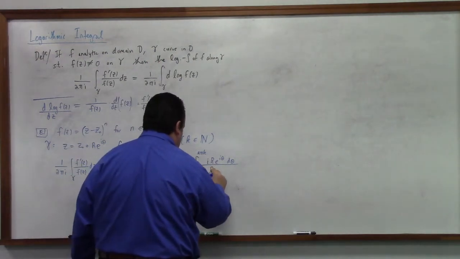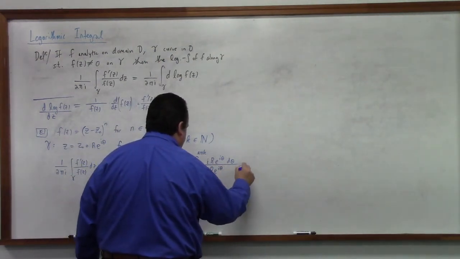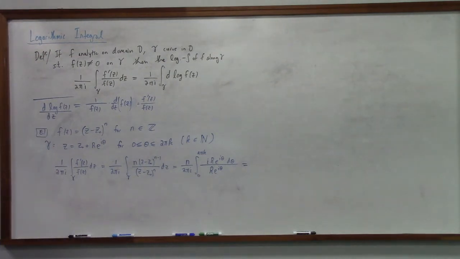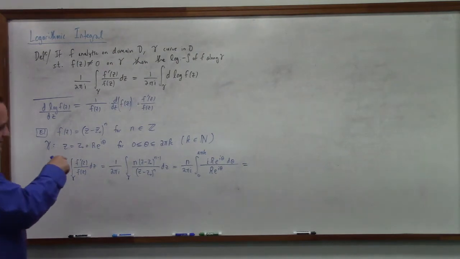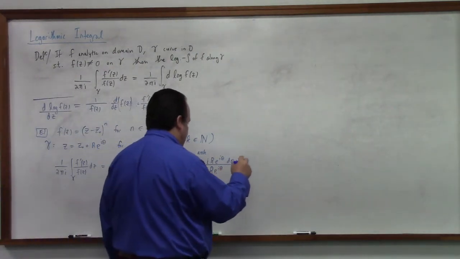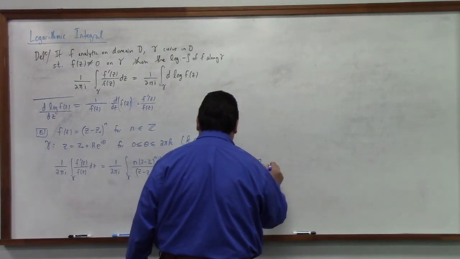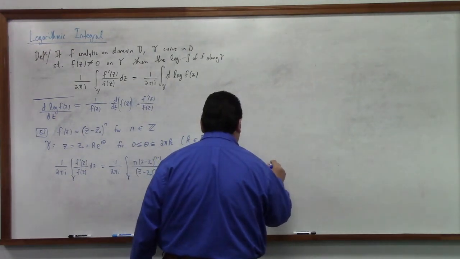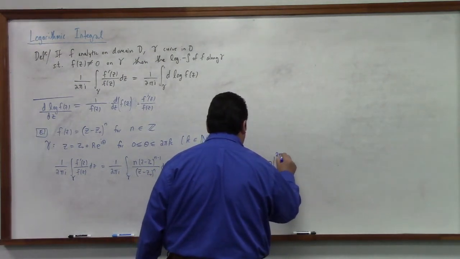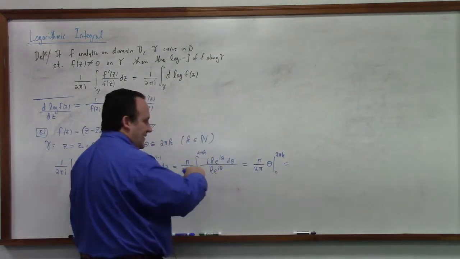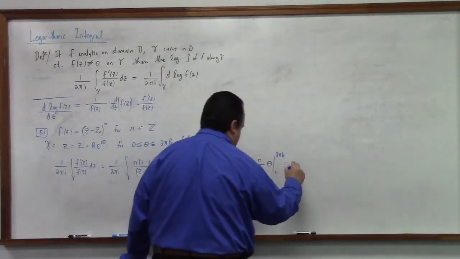So what happens? It just leaves us with i d theta, but the i's cancel, right? So we get n over 2 pi times the integral of d theta, which just gives me the balance subtracted. So the 2 pi's cancel, and I get n times k.